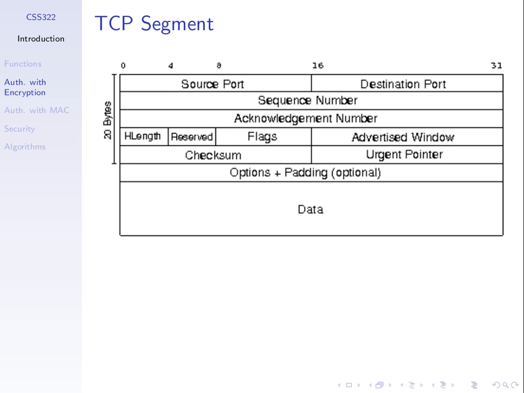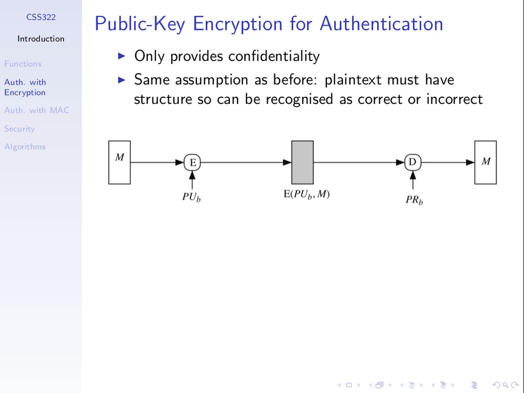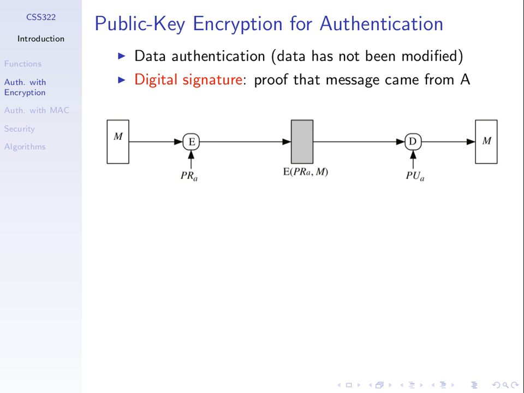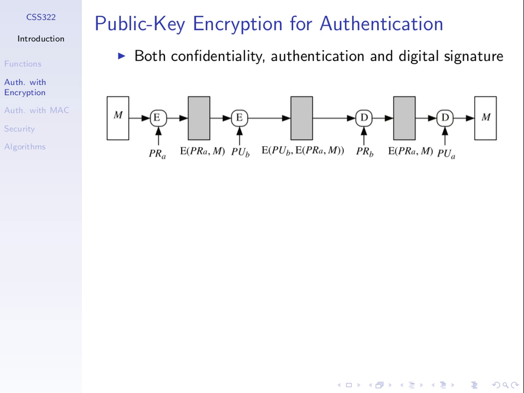We can use hash functions, encryption, and the third approach is we can use message authentication codes. We can use public key encryption, same as symmetric key encryption, encrypt using a public key. We can use digital signatures to provide authentication, and we can combine them.